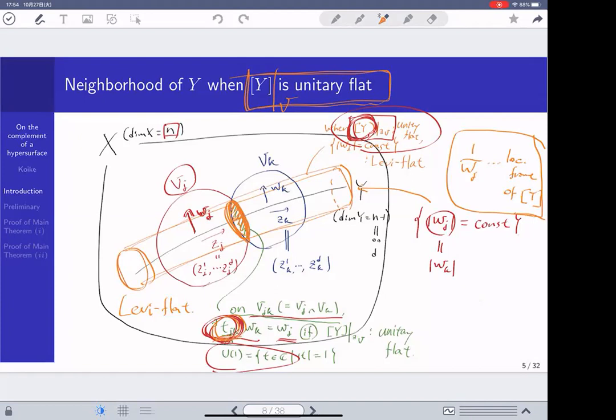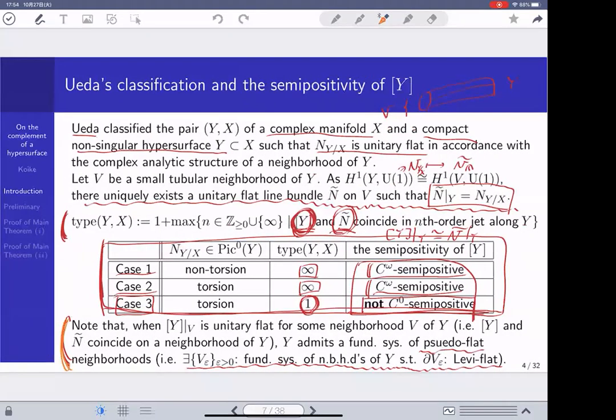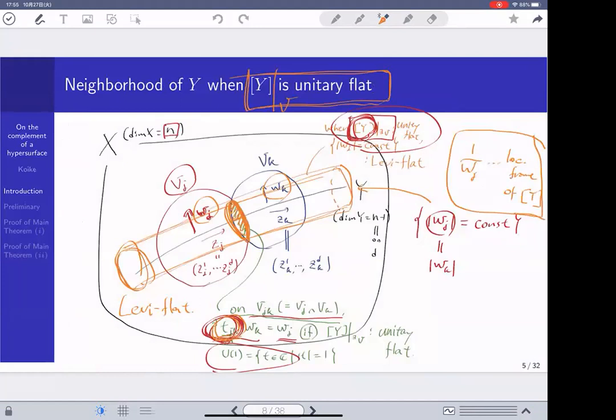In this case, there are nice defining functions Wj, and as a consequence, there are many Levi-flats. That is what I wanted to explain on the previous page. This kind of thing happens in case 1 and case 2, but never happens in case 3, Sayle's example. That is the difference between case 1 and 2 and case 3.